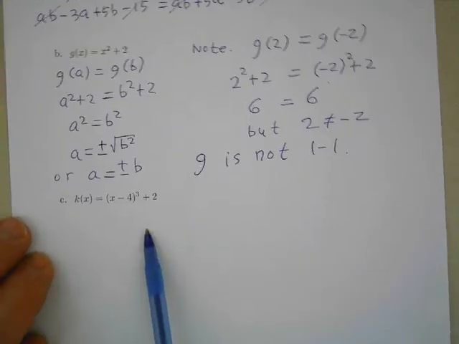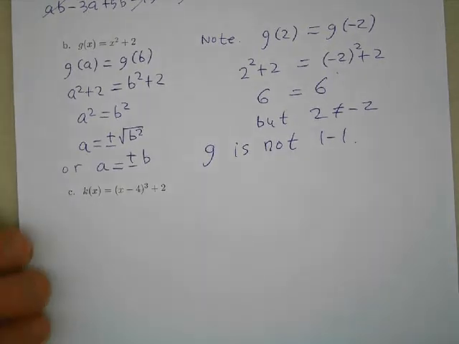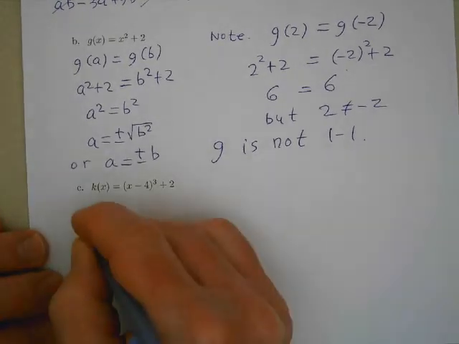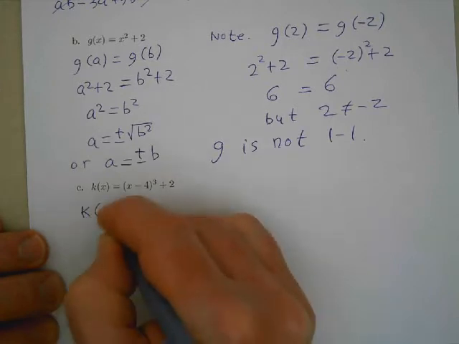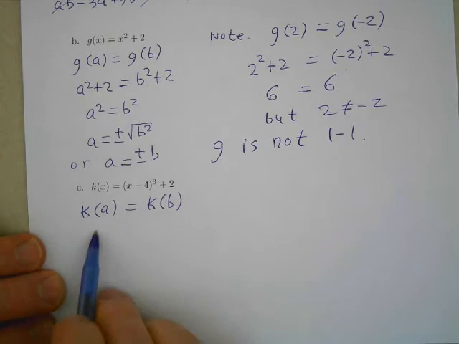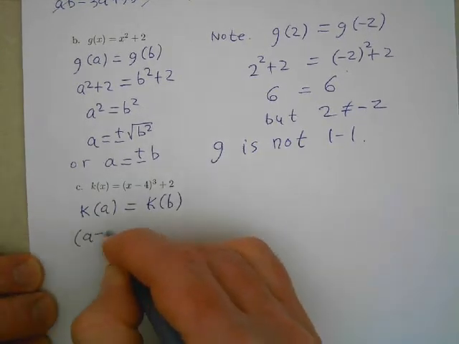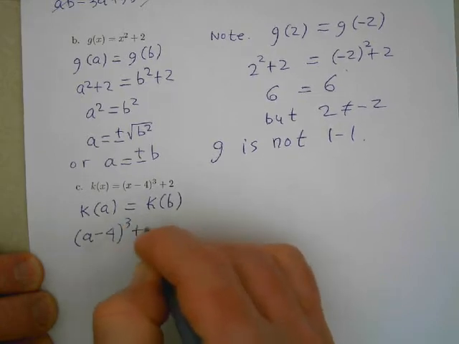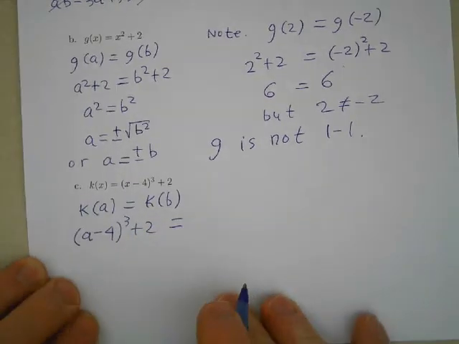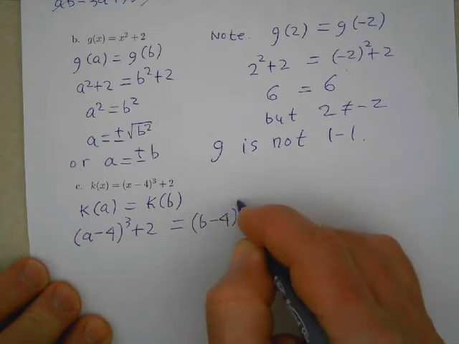Okay, this one, k of x equals x minus 4 to the third plus 2. So we'll do the same test. Set k of a equal to k of b. K of a is the quantity a minus 4 cubed plus 2. And we set that equal to k of b, which is b minus 4 cubed plus 2.